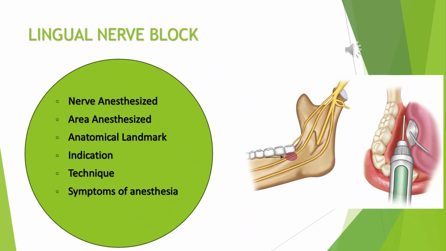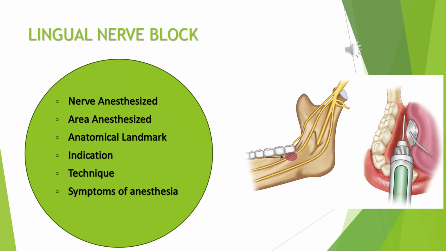This nerve block is indicated for surgical procedures on the anterior two-thirds of the tongue, the floor of the oral cavity, and the mucous membrane on the lingual side of the mandible. The technique is the same as that of the inferior alveolar nerve block.